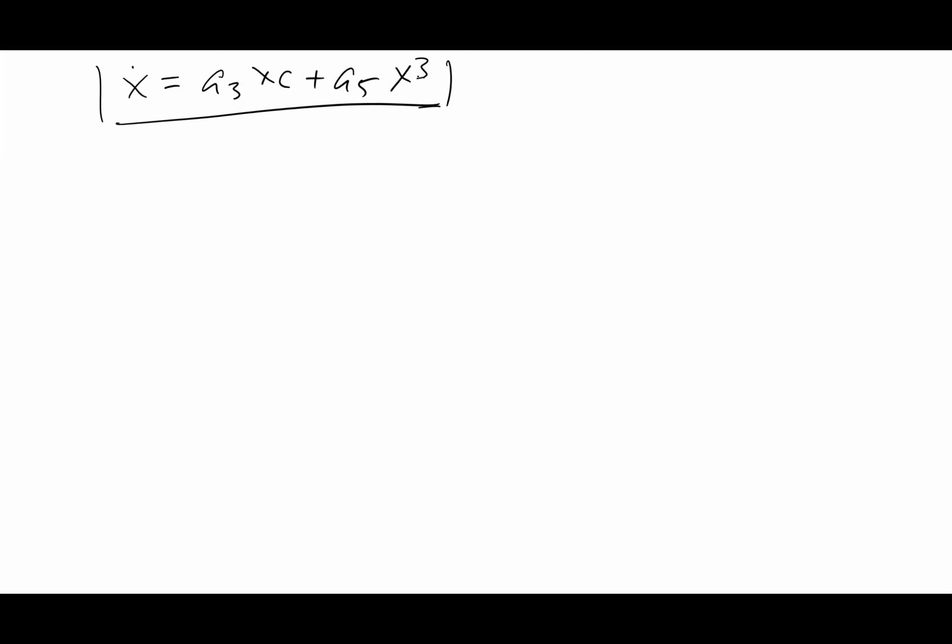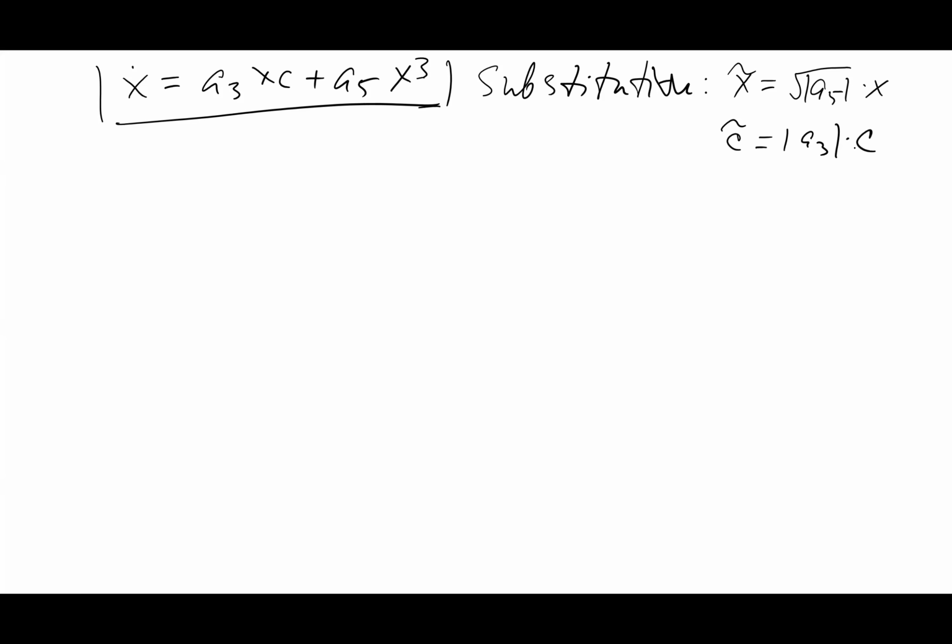And now we make a substitution like this: x tilde equals square root of absolute value of A5 times x, and c tilde is absolute value of A3 times c.